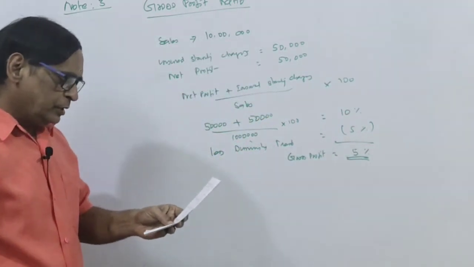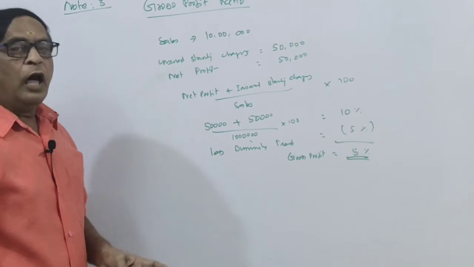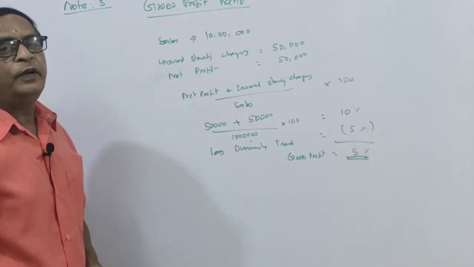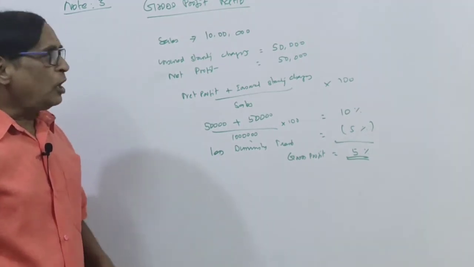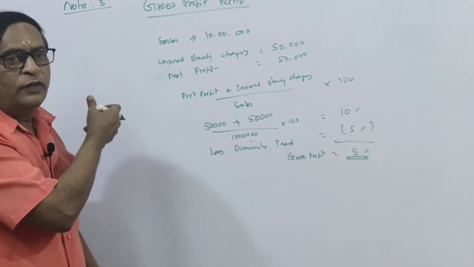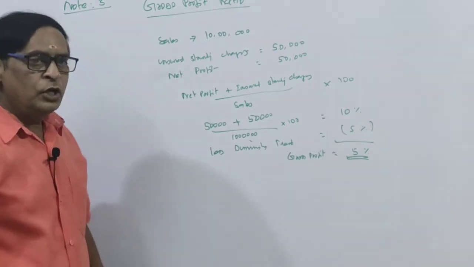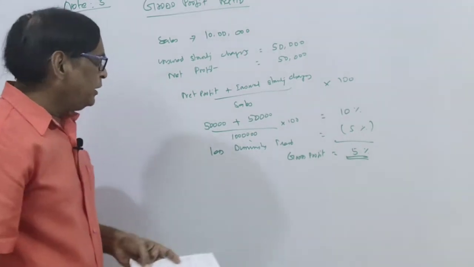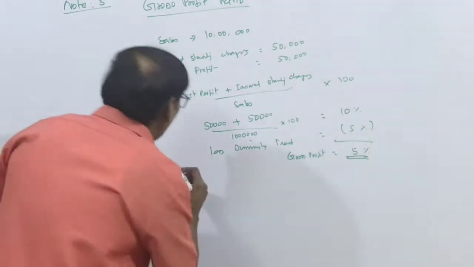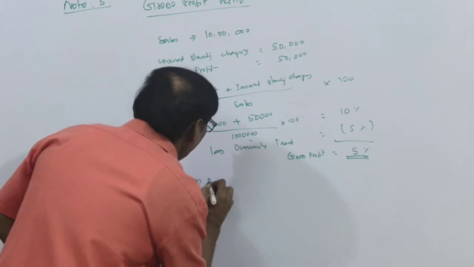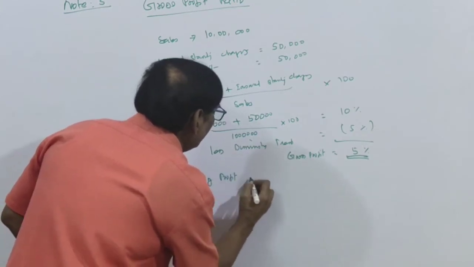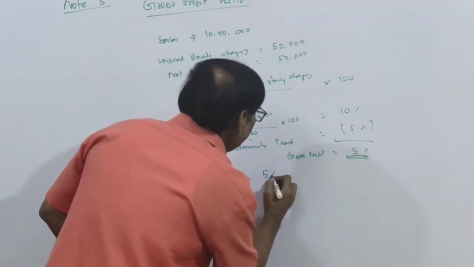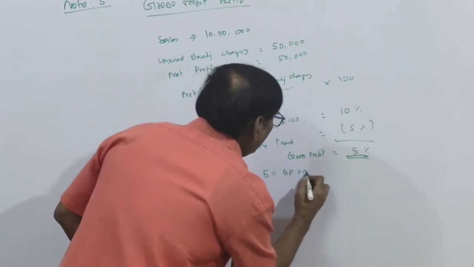Gross profit margin. So loss of profit, how much will be the loss of profit? Actually the short sales we had already found out, 2,12,500 rupees. So the gross profit on 2,12,500 rupees is the loss of profit. So loss of profit equals 5% GP on short sales.